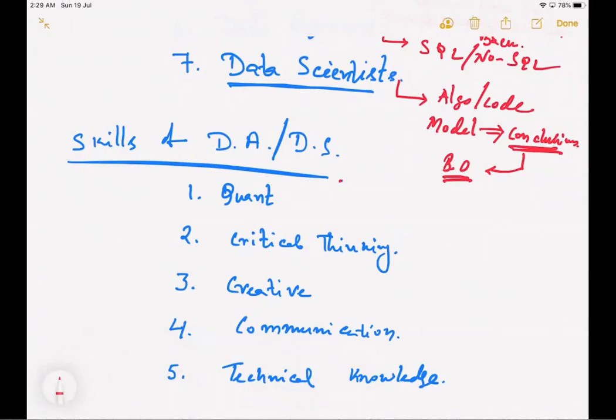The quant or quantitative skills are directly related to statistical knowledge, because as a data scientist or data analyst, you are supposed to run multiple clustering, classification, regression, and correlation models, where probabilistic theory or random sampling theory plays a key role.